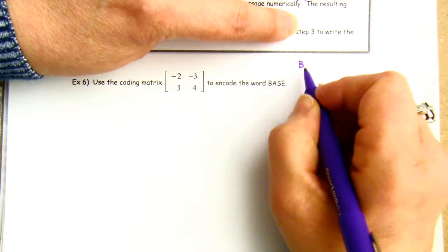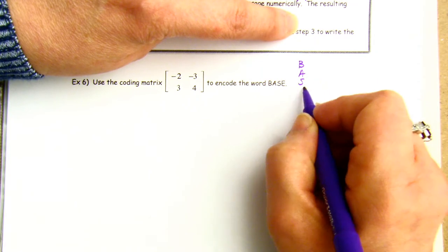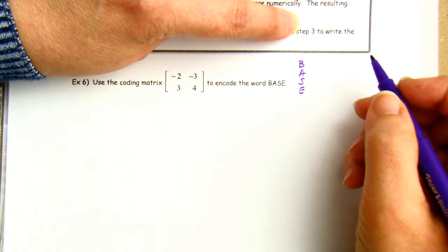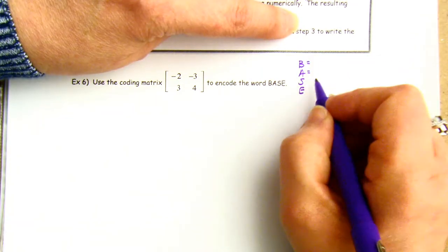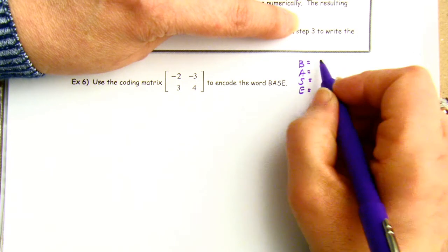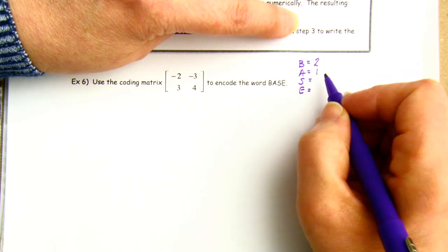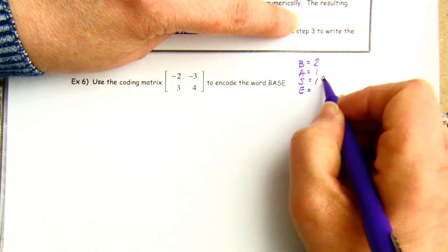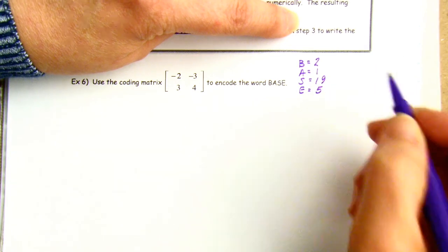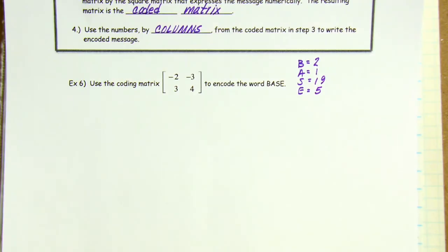Well, I'm going to write my word base in a column. B is the second letter of the alphabet, A is the first, S is the 19th, and E is the 5th. It would help if you memorize some of the letters and what their numbers are in the alphabet. For instance, E is really common.